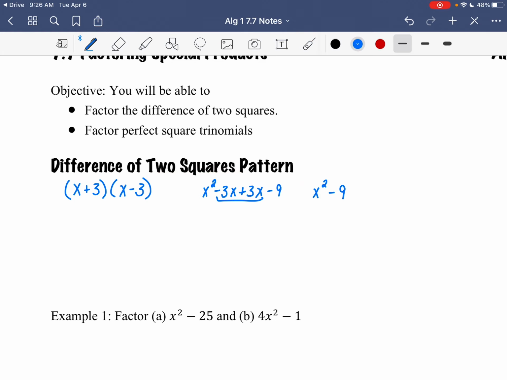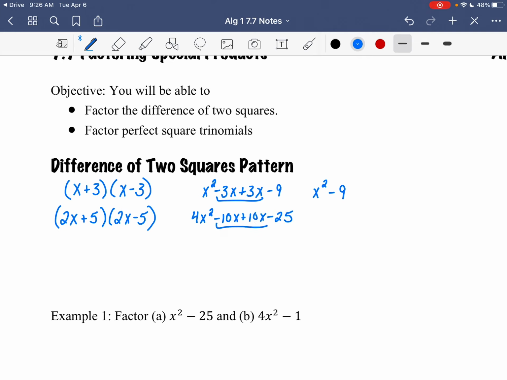But this pattern holds whenever I'm multiplying 2x plus 5 times 2x minus 5. Whenever I'm multiplying two things added and the same two things subtracted, it's the same thing. If I distribute, I get 4x to the second minus 10x plus 10x minus 25.